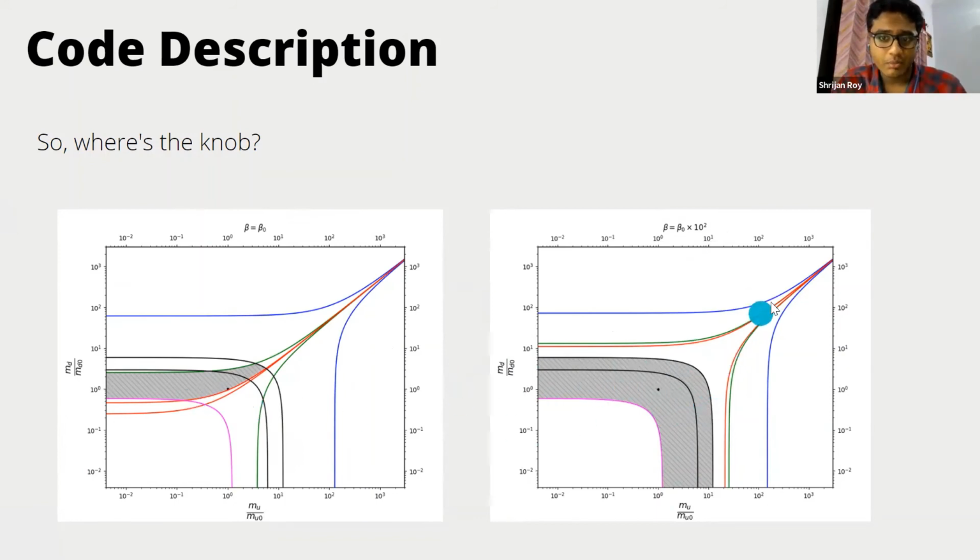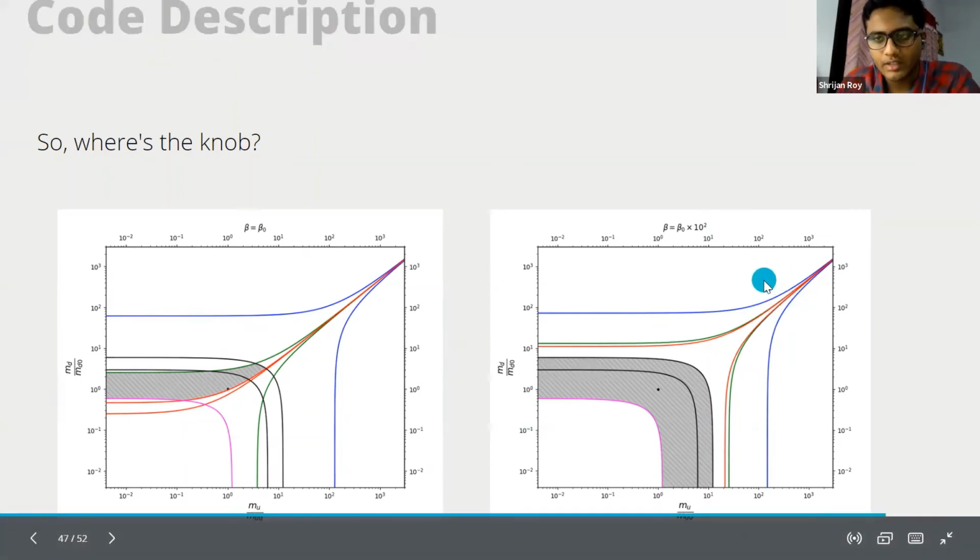Why beta into 10⁻²? We also saw in one of the nuclear stability considerations that beta can be greater by two orders of magnitude.